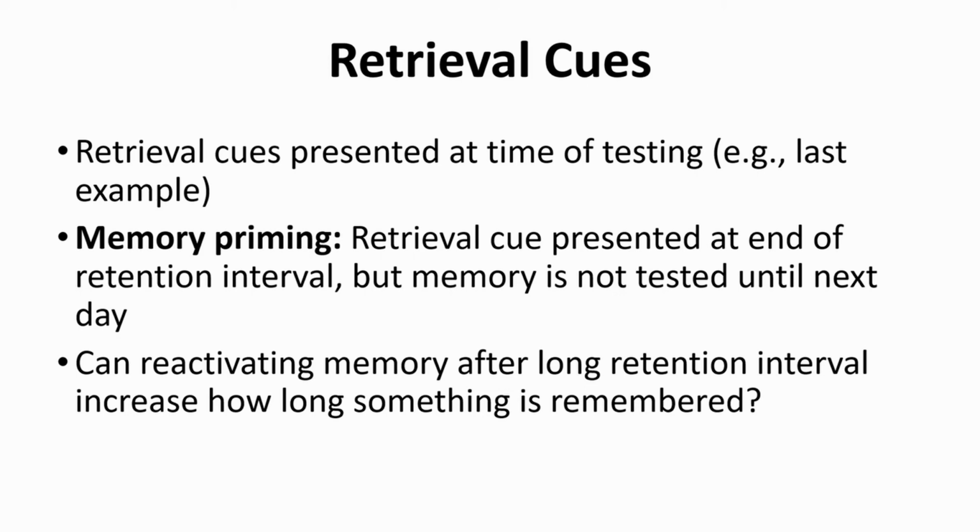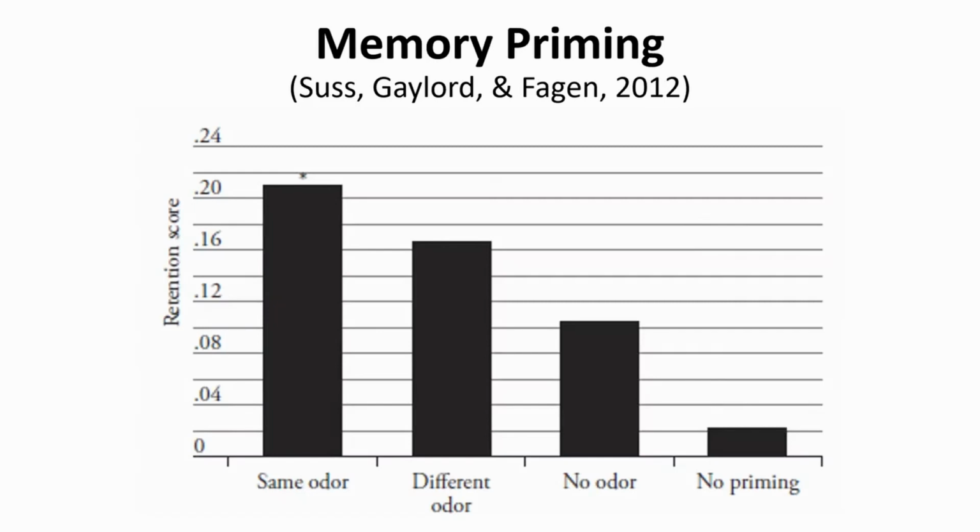So we want to see if doing this reactivation process by priming the day before can actually increase how long something is remembered. So this data here is actually from an extension of that babies kicking to turn a mobile experiment that we talked about earlier.